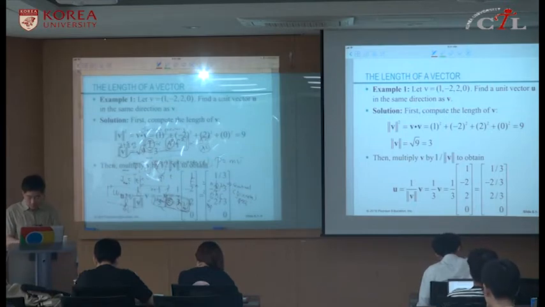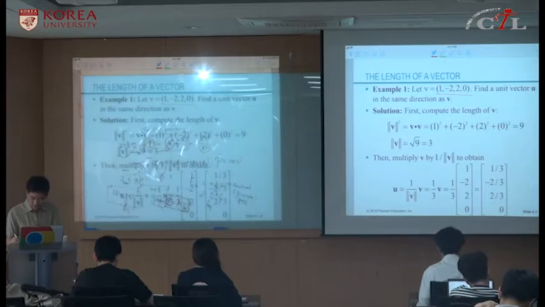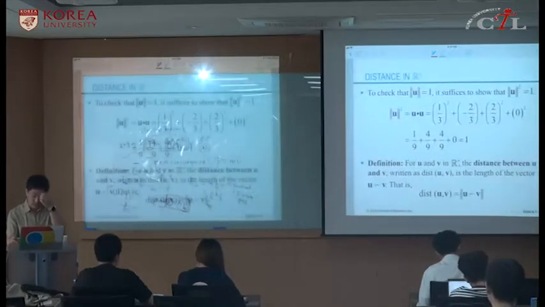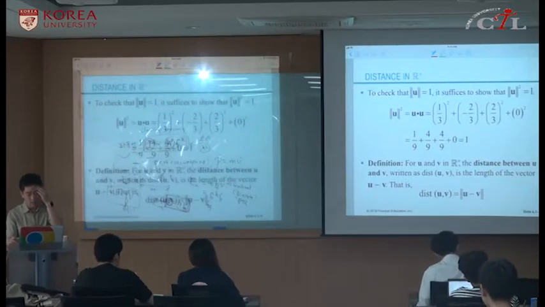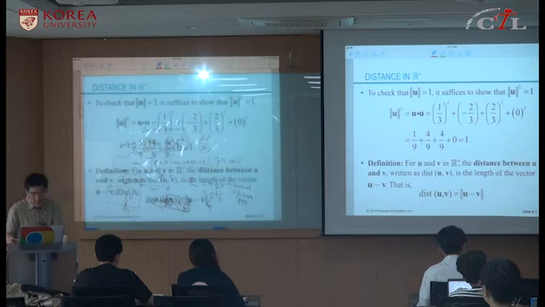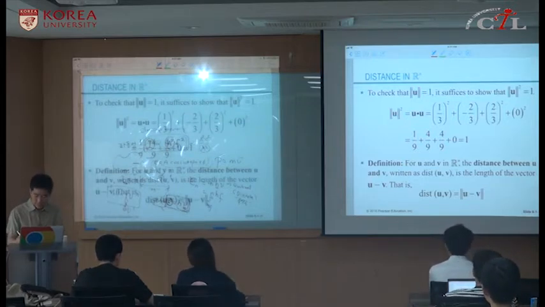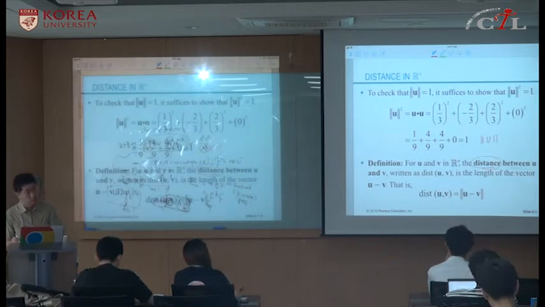Okay, so given this 4-dimensional vector, we can compute its unit vector that has the same direction, and the length has now changed into 1. So we learned the notion of the vector length as the norm, right? Given this vector. And then how about the distance between the two vectors?